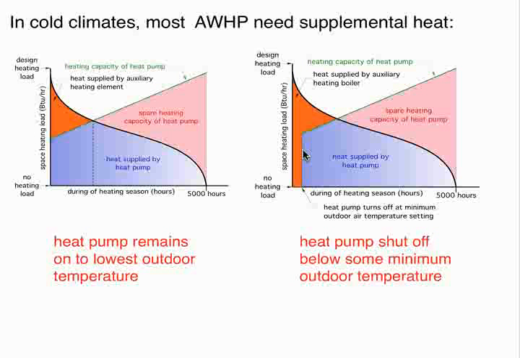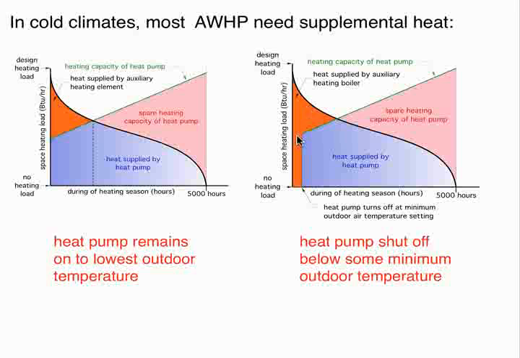Perhaps it's -10 outside. Now, some heat pumps can actually operate at those conditions, granted at low capacity and very low COP, but in some cases it simply doesn't make sense to strain the refrigeration system in the heat pump at these very low temperatures for the amount of heat that's coming out and for the duration of time that these temperatures exist. So the control logic might be simply shut off the heat pump and use all supplemental heat.